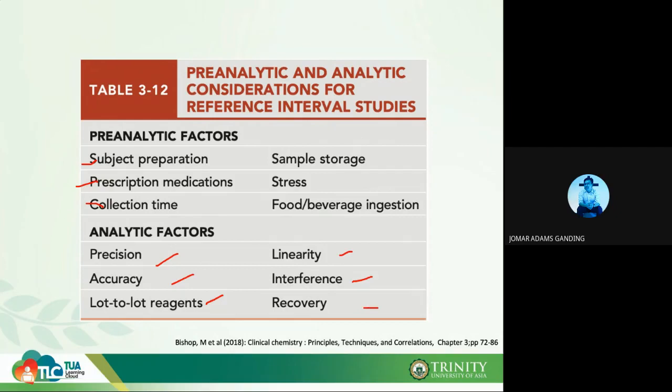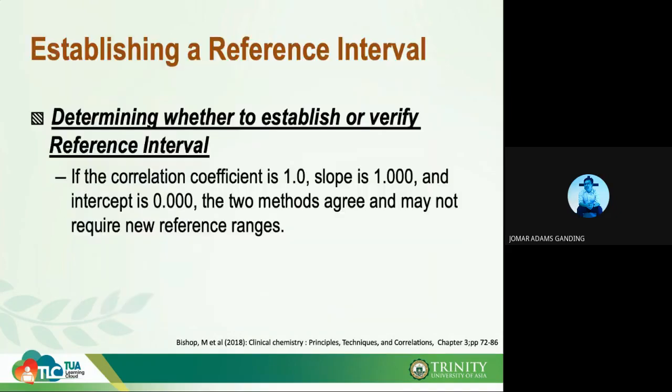Now, having said that, determining whether to establish or verify your reference interval would need to coincide, or would need to agree. If the correlation coefficient is 1, the slope is 1 and the intercept is 0, the methods agree and may not require a new reference range.